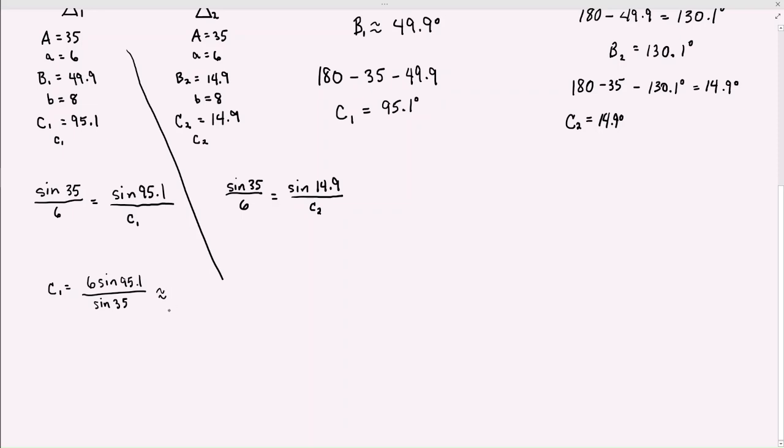And we come up with a length in this scenario of about 10.42. Okay, and then in this scenario, c2 is going to be equal to 6 times the sine of 14.9 divided by the sine of 35. And that comes out to be about 2.69.